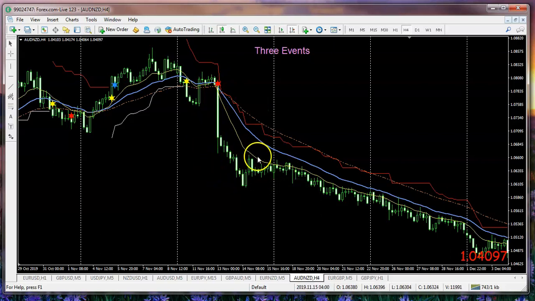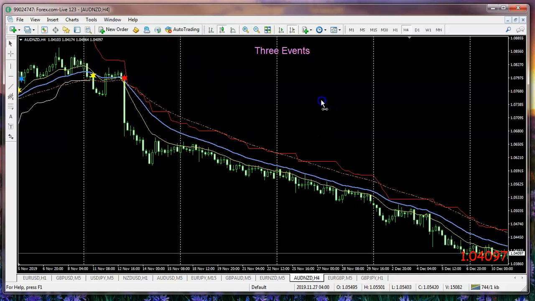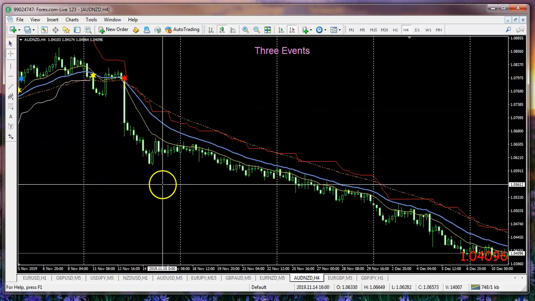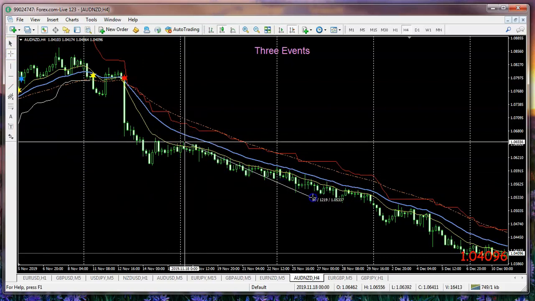This pullback was only into the 12 EMA, but this would have been a fantastic place for our entry. And you can see right here that over a period of the next 3 weeks, we had a significant decline in the value of the AUD dollar versus the New Zealand currency. All the way down here, 241 pips over a period of just 3 weeks.